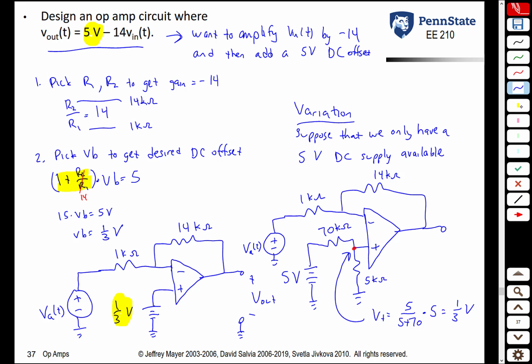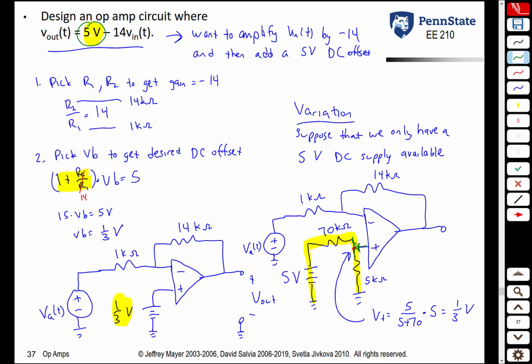So notice the use of this voltage divider allows us to get the desired voltage at the non-inverting terminal, in this case 1/3 of a volt, even if we didn't have a 1/3 volt source available. And finally, as I mentioned before in the previous page, if we wanted to have an offset here that varied, we could put a potentiometer here. This allows us to get a range of DC offsets.